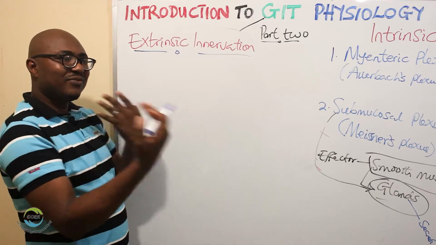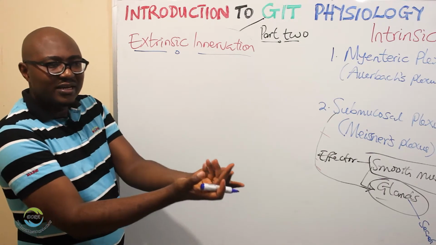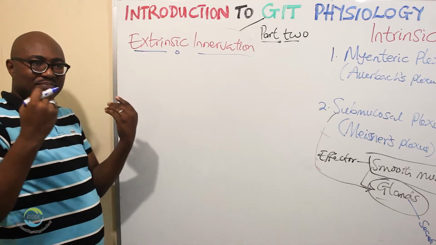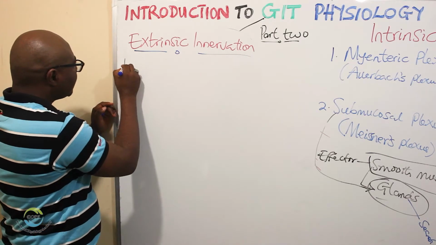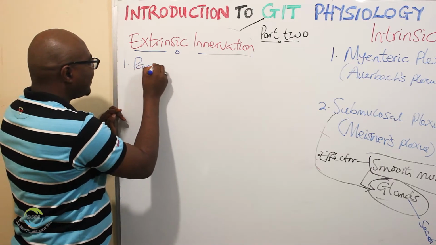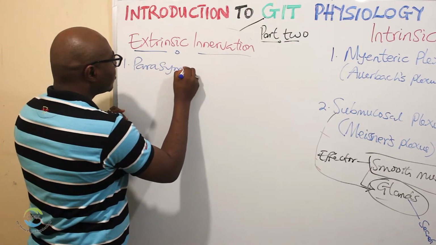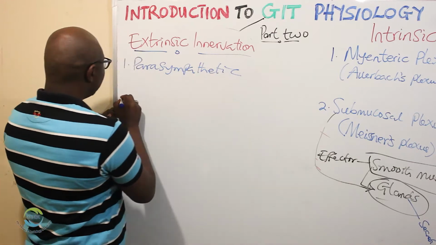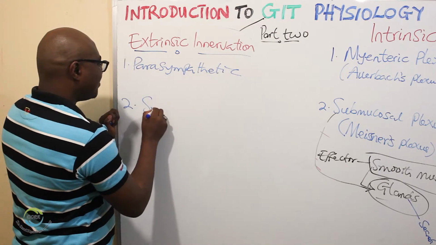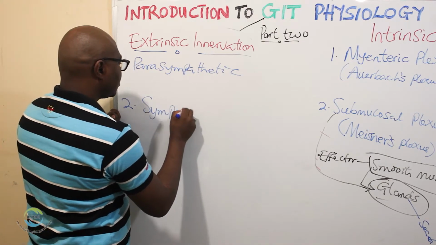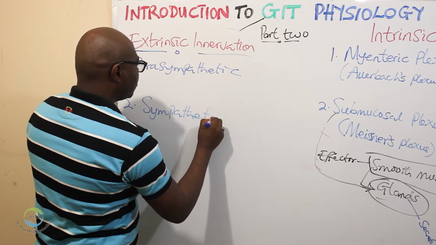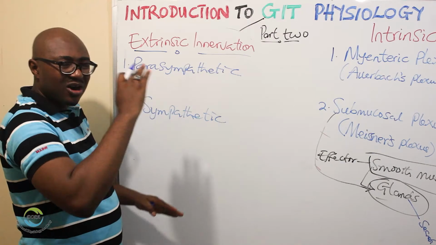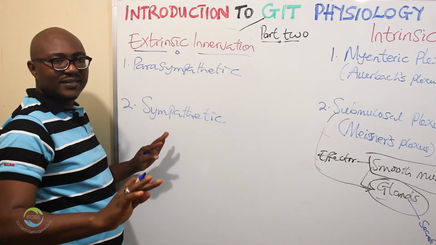From the spinal cord, several nerves come out, autonomic nerves, which are divided into number 1, parasympathetic, and number 2, sympathetic. So these are the two branches of the autonomic nervous system.